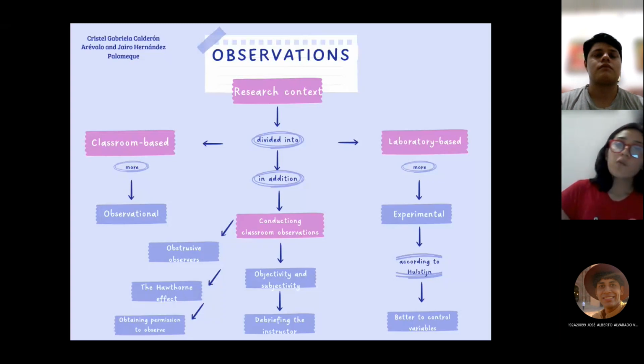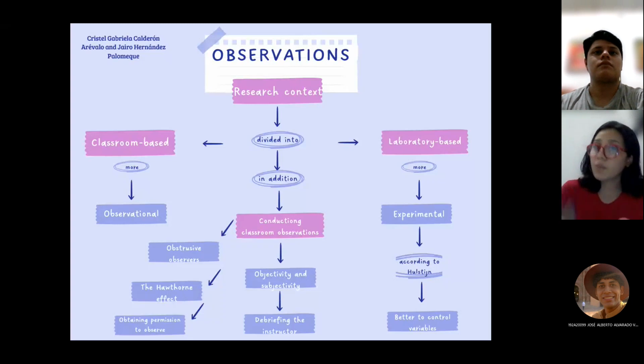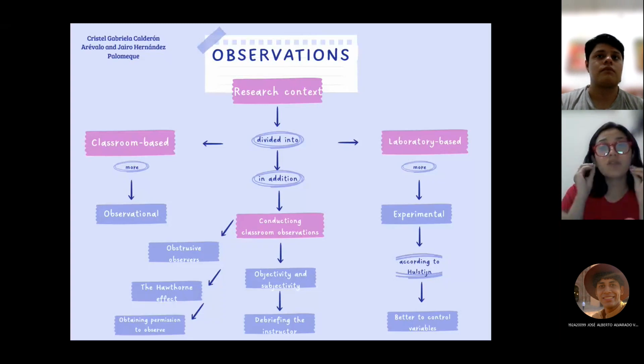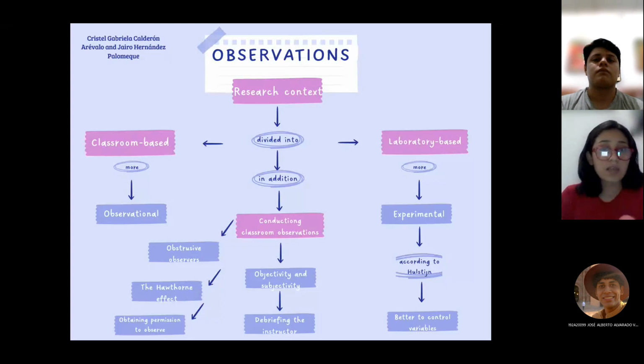And then we have the laboratory-based, which is more experimental. According to Holstein, you have better control of your variables. You can manipulate them. And remember your control variable, which is the students, the type of students.